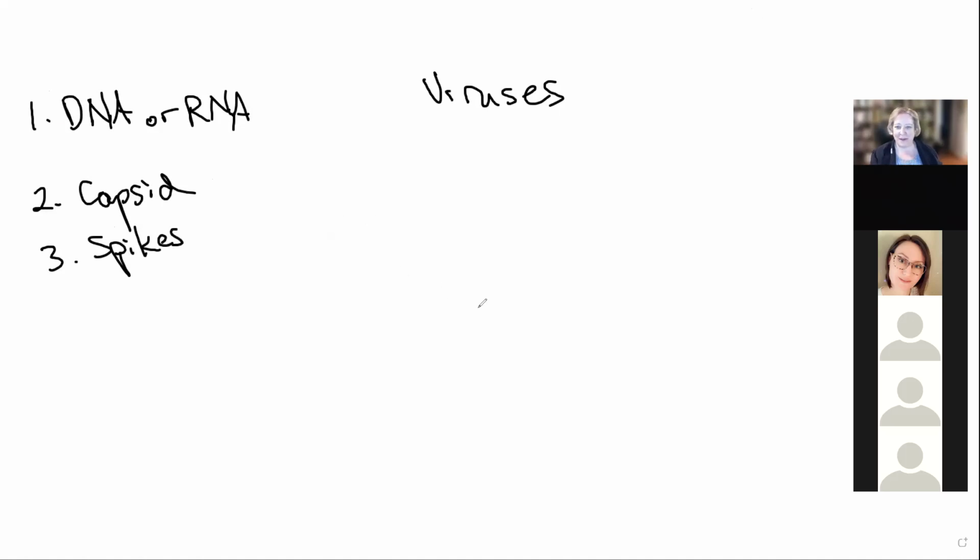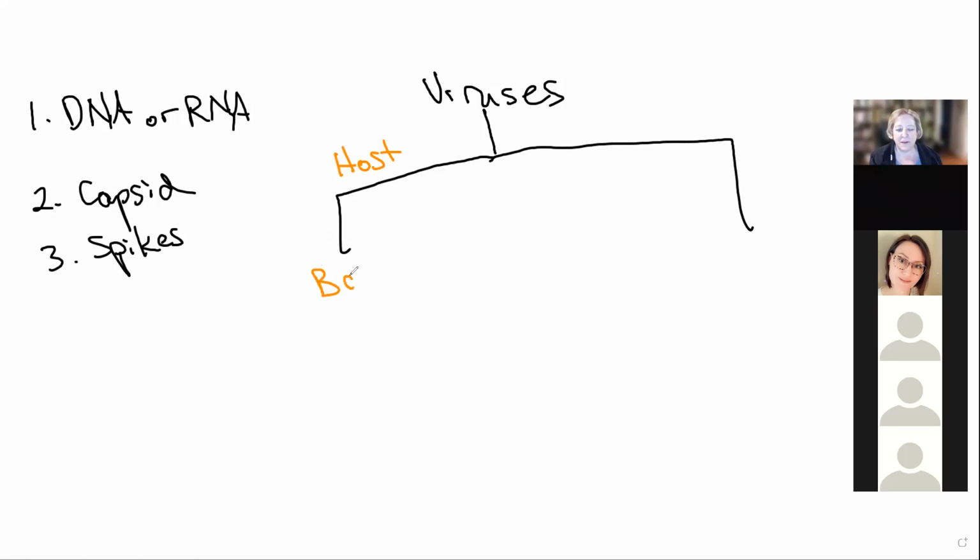The reason why I bring that up again is because we're going to get into things that are close to viruses, but not quite. The first thing that we do when we are classifying viruses is we divide them based on host. So I can have bacterial viruses, and I can have viruses that infect animals, and that's what we're going to talk about in this class.